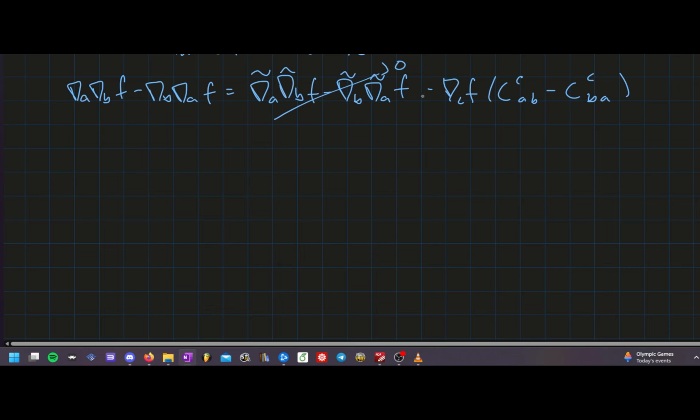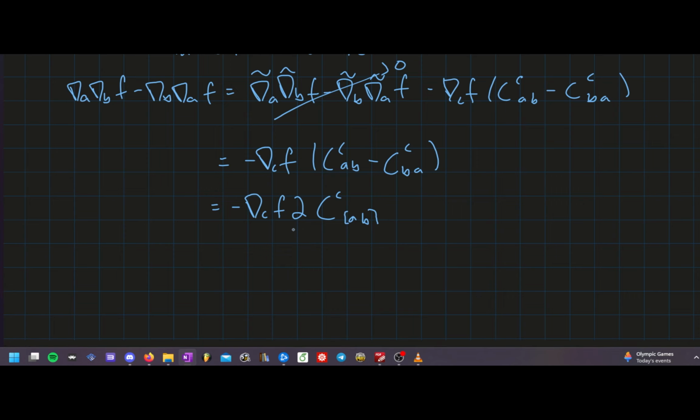And so what this means is that we get minus nabla C of f, C C A B minus C C B A, or in other words, let's say 2 times the antisymmetric part of C. So it's just another way of writing the difference between these two terms.